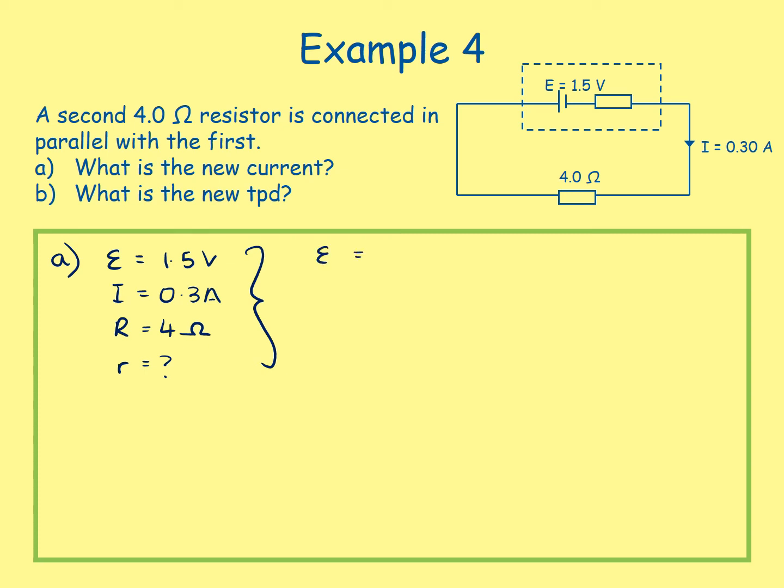EMF equals, and the format we'll use this time is current times the sum of the resistances. Plug in our numbers, we've got 1.5 equals 0.3 times (4 plus r). Rearranging, we get r equals 1.5 over 0.3, take away 4, which gives us an answer of 1 ohm. So we know our internal resistance is 1 ohm.